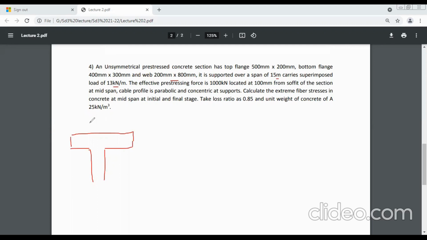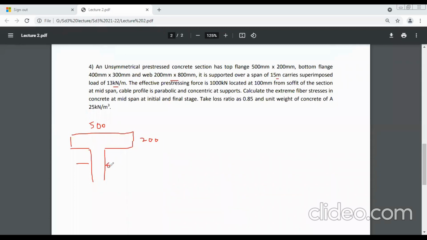So for the top flange, give the dimension 500 by 200 mm. Sorry, the web size is given as 200 by 800 mm.